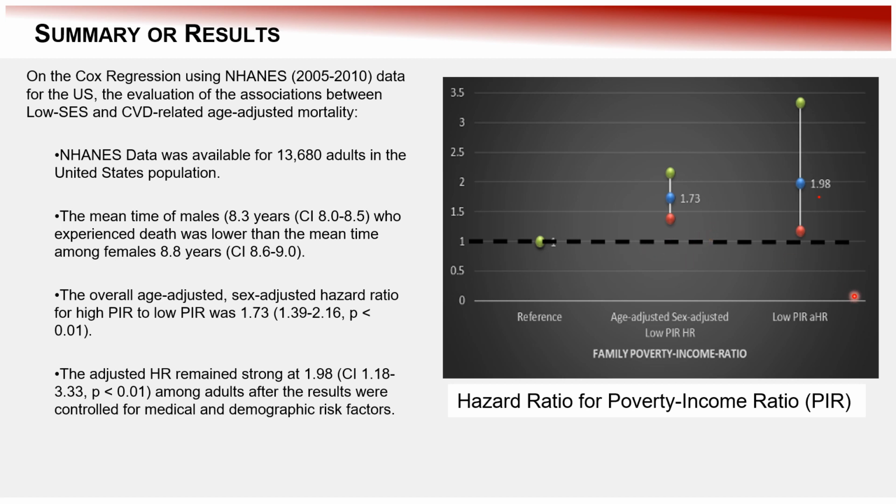And then the adjusted hazard ratio remains strong at 1.98, as high as 3.33, both statistically significant, less than 1%. All of this was in the NHANES data and was after controlling for medical and demographic risk factors.